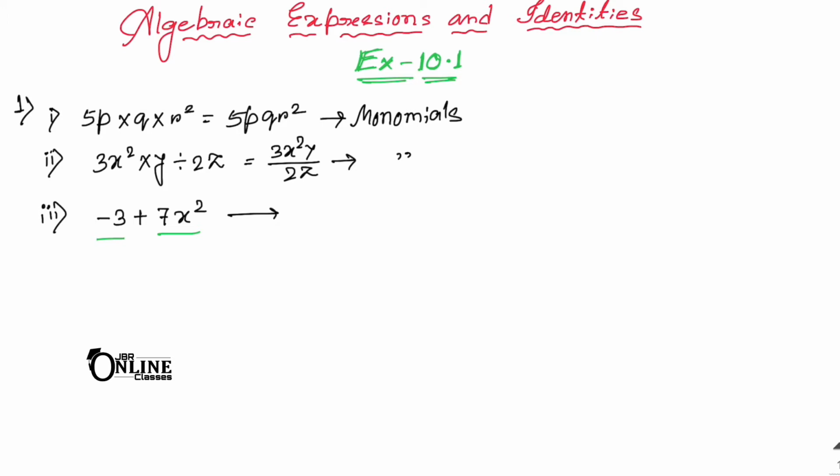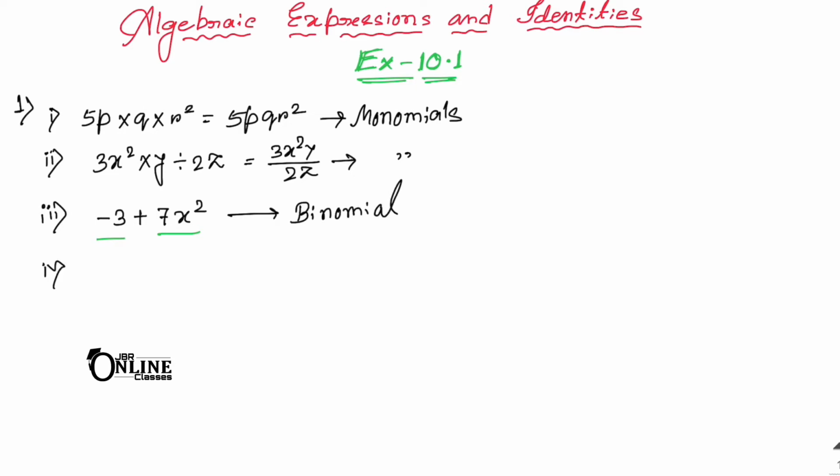Whenever it is multiplication or division, it's not a separate term, it's only one term. But if two terms are in relation of addition and subtraction, then it will be two separate terms. So here in sum number 3, minus 3 is the first term and 7x square is the second term. So it's called what? Binomial. So you can write down here binomial.